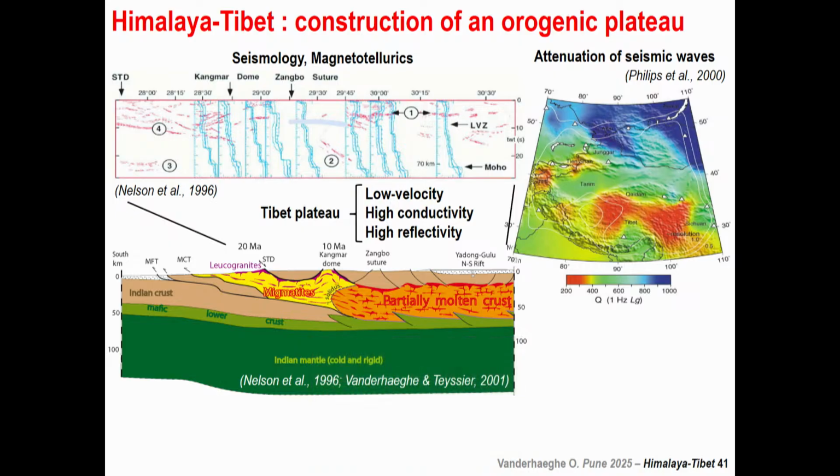which shows here that all this zone of low velocity, high reflectivity corresponds to a partially molten zone. It is today partially molten. On top of which there might be concentration of leucogranites, magma. And how does that relate to this? Migmatites, leucogranite, 20 million years.